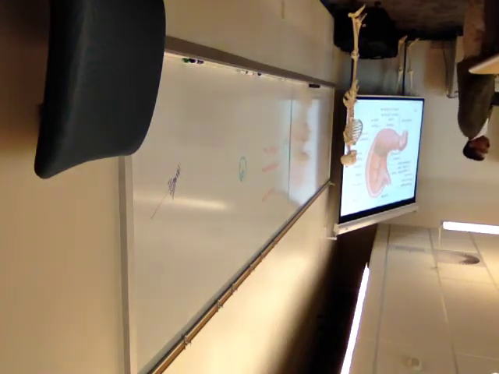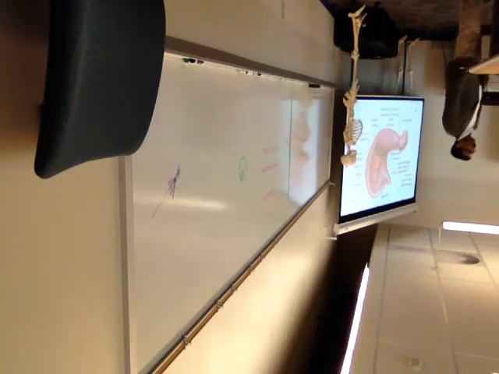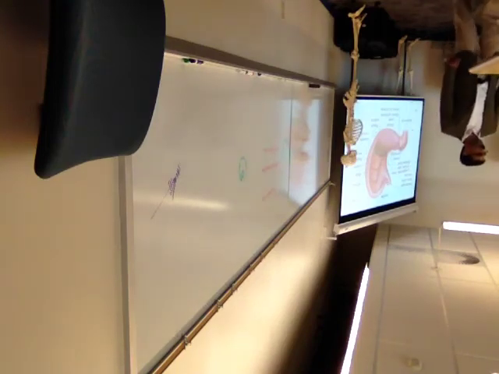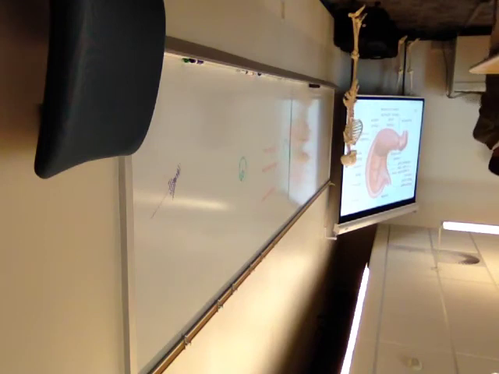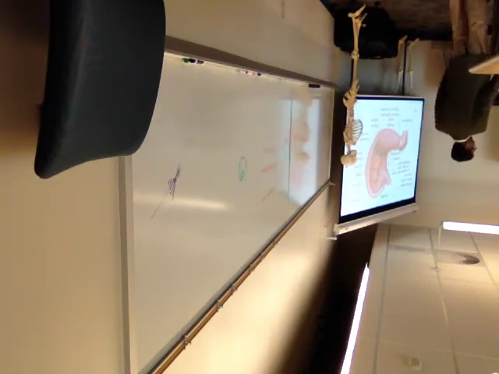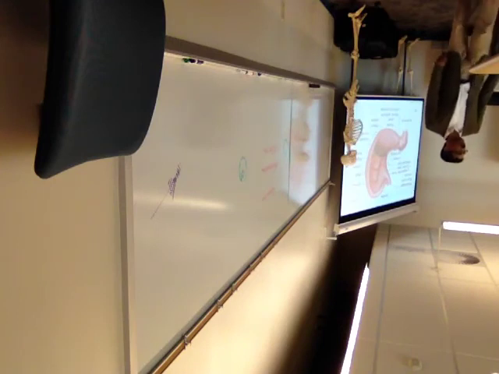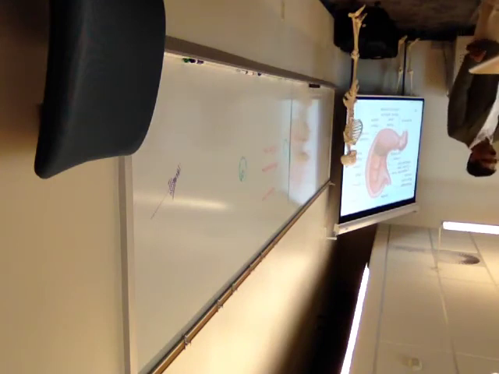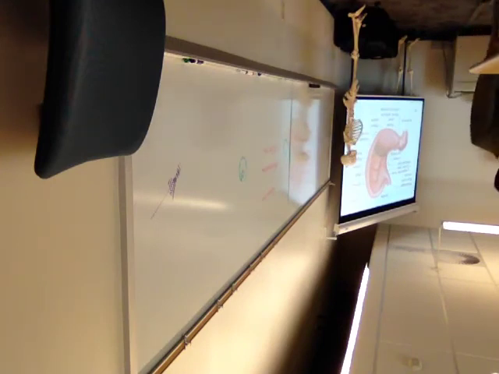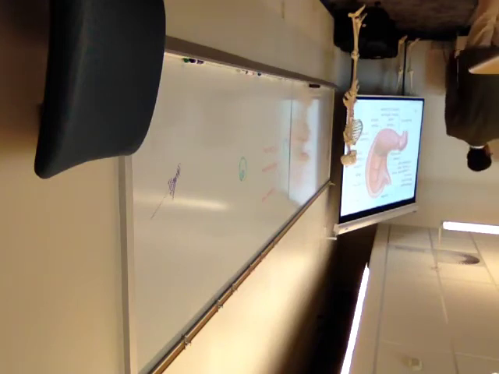Okay. Now, if you see inside the stomach, there are many folds present inside the stomach. Those folds are formed by mucosa. That's the innermost layer, right? Of those four basic layers, the innermost layer is the mucosa. So many mucosal folds are present in the inner surface of the stomach. Those folds are called rugae.